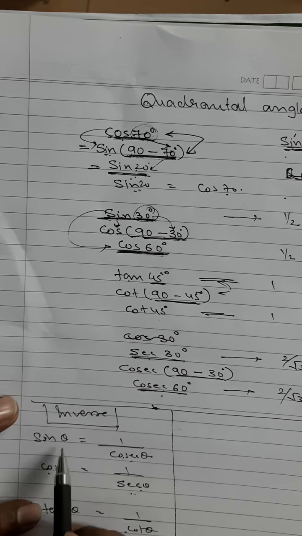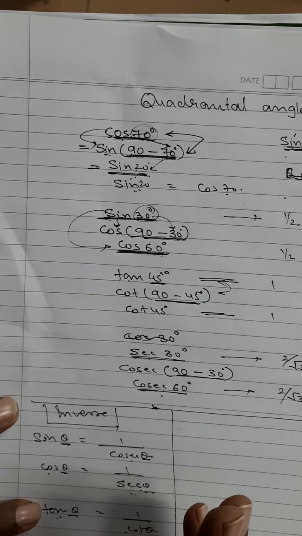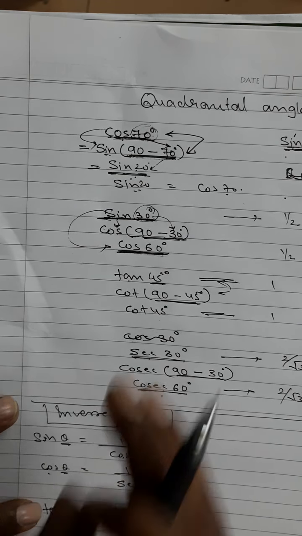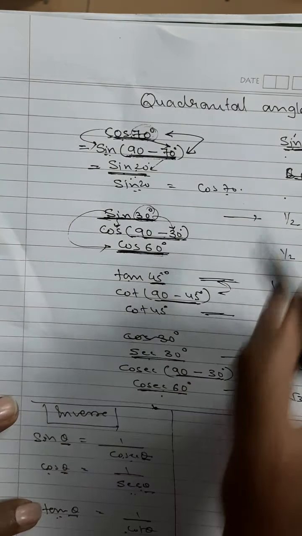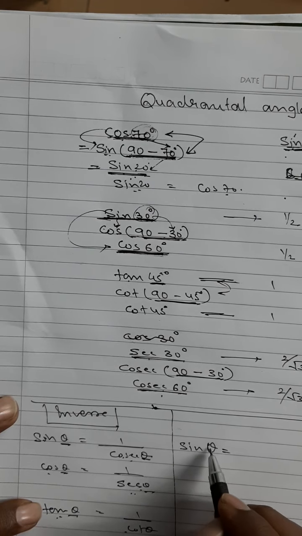But what happens over here? Theta remains the same. This you have to talk to yourself, my dear students. When it comes to inverse formulas, theta remains the same. Trigonometric ratio definitely changes, but theta remains the same. That is the basic difference between inverse formula and quadrantal angles. In quadrantal angles, sine is connected to cos.